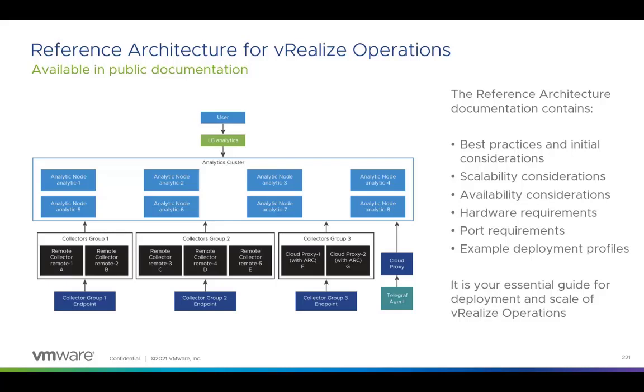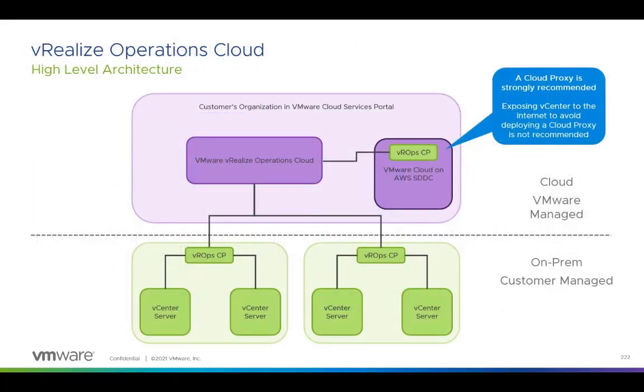It looks at different requirements for hardware, ports, high availability, continuous availability, scalability, and it gives several different deployment profile examples. So always refer to this guide. Have it handy when you're planning for a new deployment or a scale out of an existing vRealize Operations cluster.